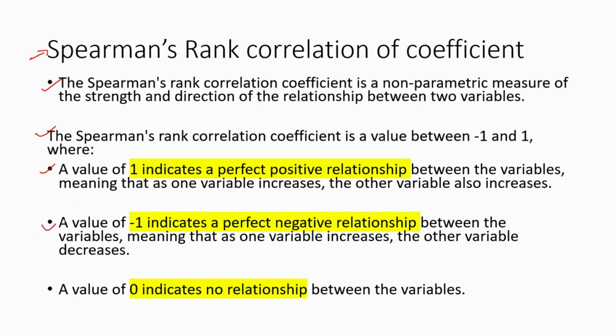A value of -1 indicates a perfect negative relationship, meaning that as one variable increases, the other decreases. A value of 0 indicates no relationship between the variables.